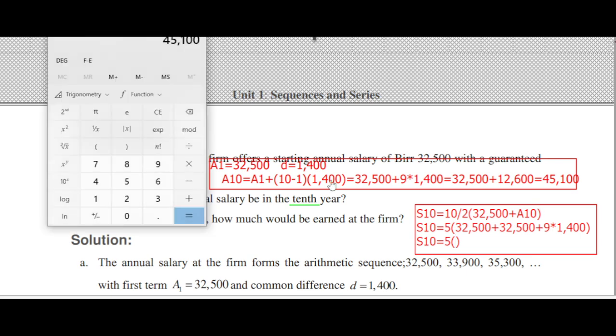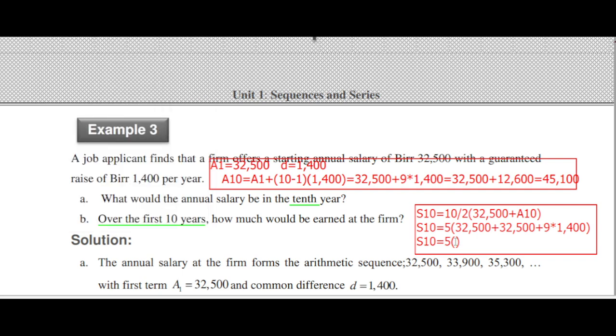Let's multiply here, 32,500 times 2, the sum of these two times 2 is equal to 65,000, plus 9 times 1,400, 12,600.